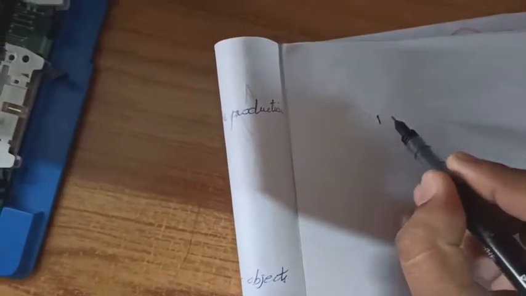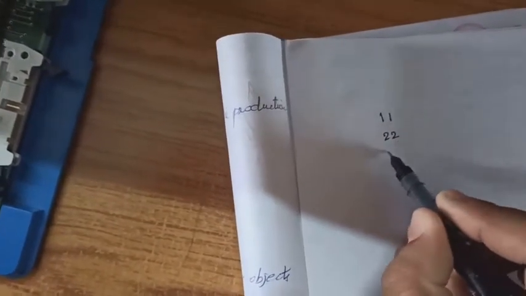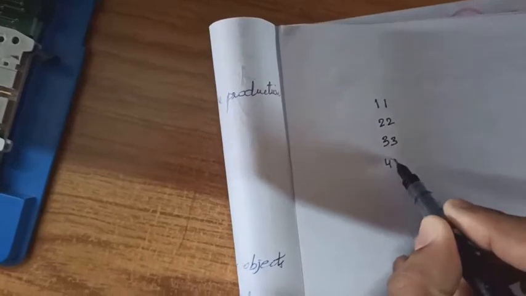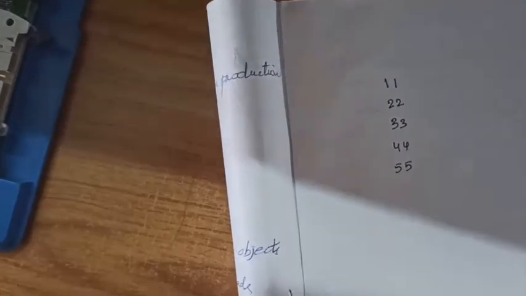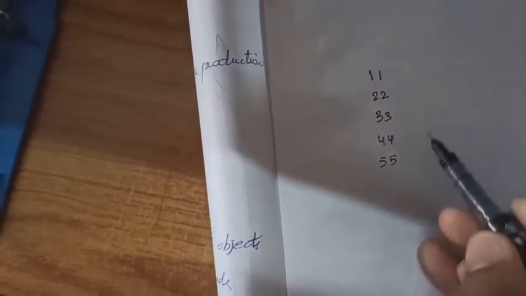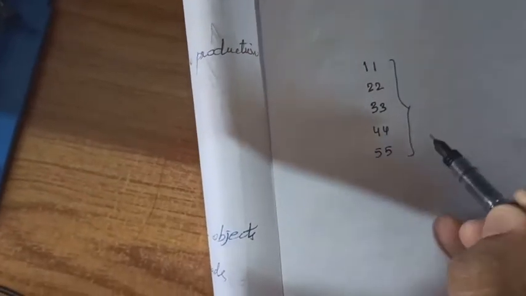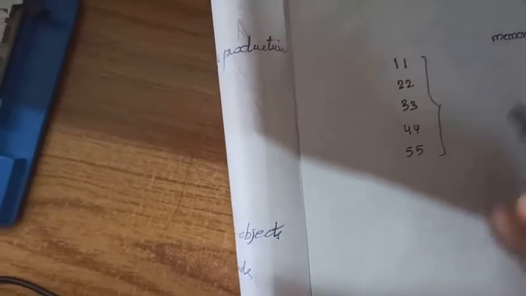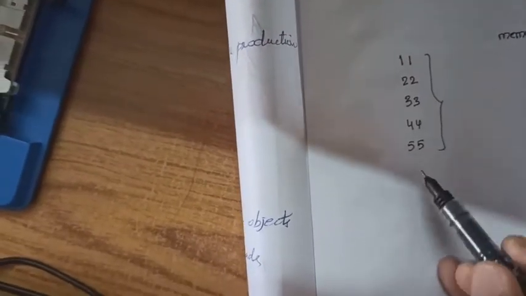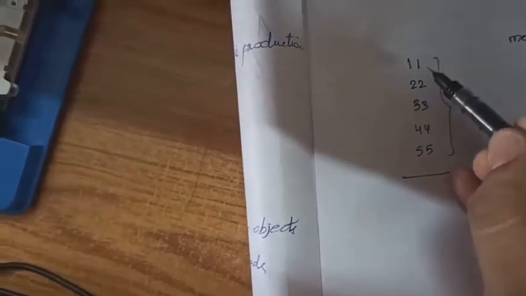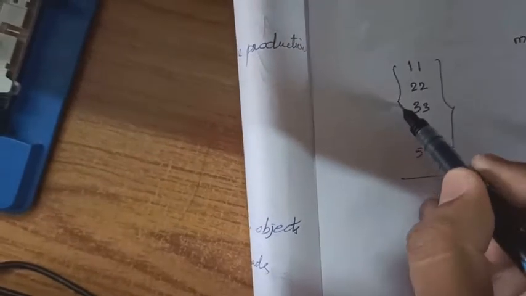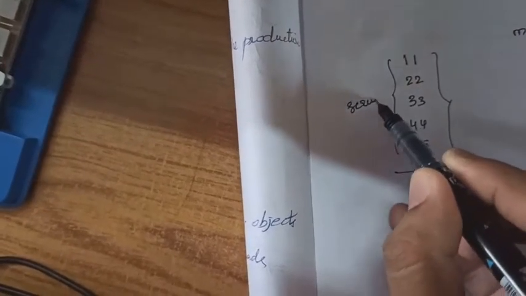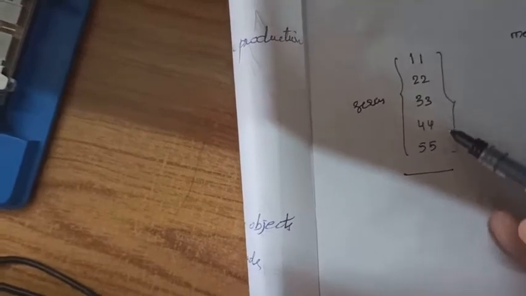For example, if I am having some data available in a memory location, I want to access this data and perform addition of all these bytes. These represent a series, so I want to perform addition of a series of n bytes.